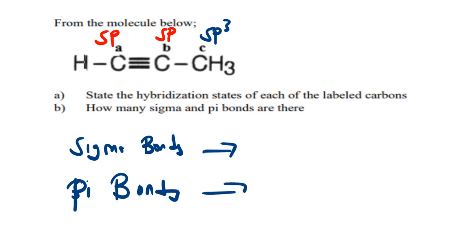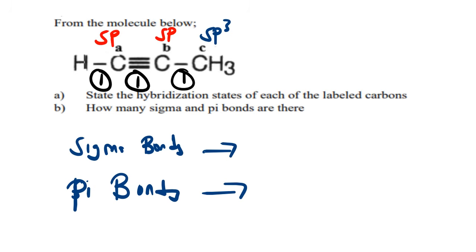Okay, so sigma bonds, we have one from H to A, this is 1. A to B, this is 1 as well. Then when we come to B to C, we also have 1.